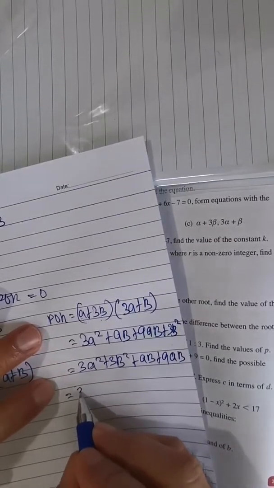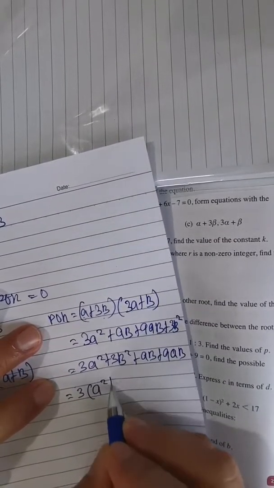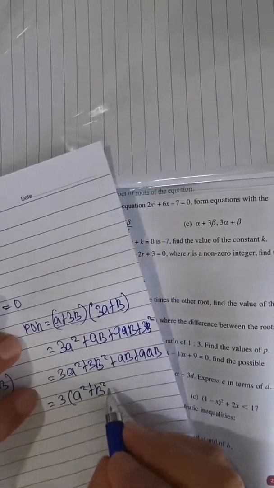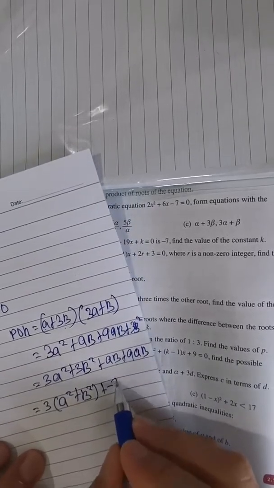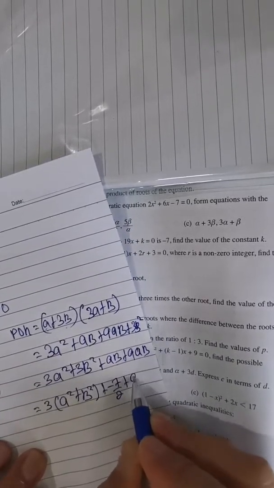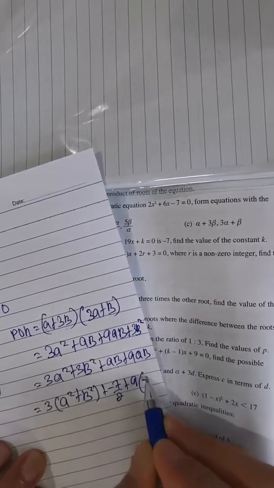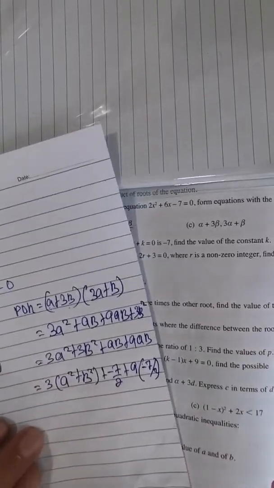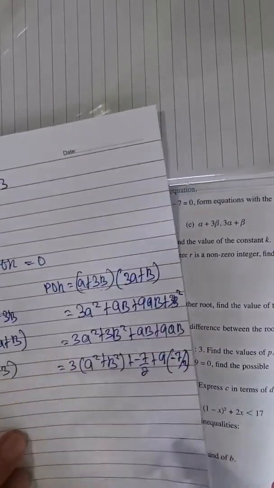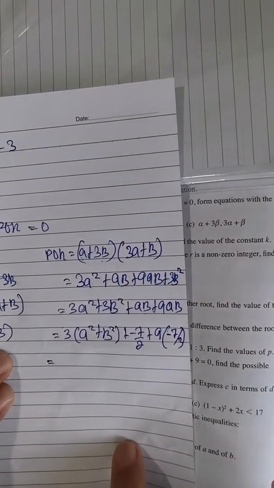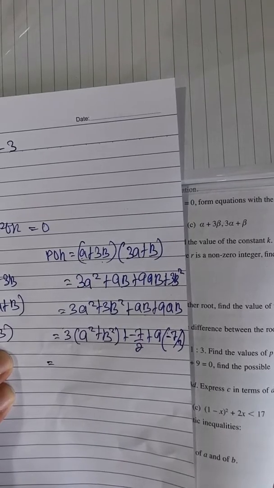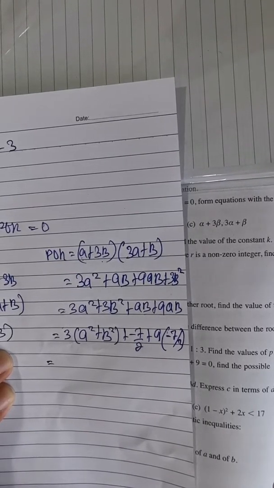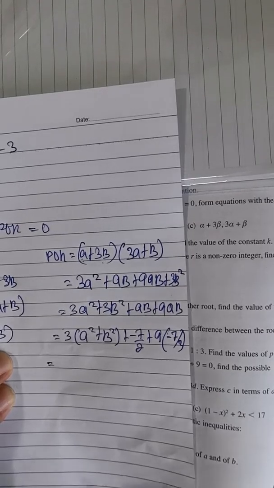Only this part we have to factorize 3 first: 3 bracket alpha squared plus beta squared. For alpha beta, I'll just replace it with negative 7 over 2, and 9 times negative 7 over 2. For alpha squared plus beta squared, you have to remember that alpha squared plus beta squared equals alpha plus beta squared minus 2 alpha beta.